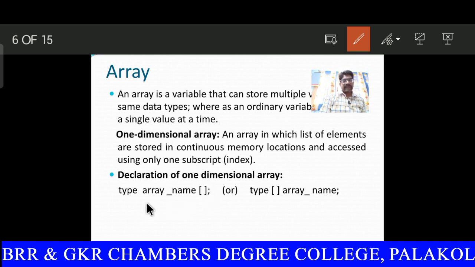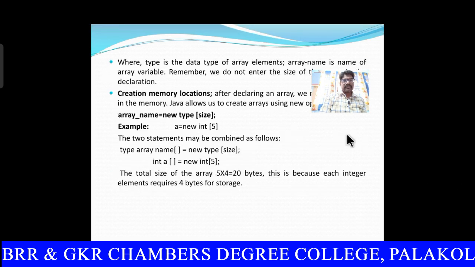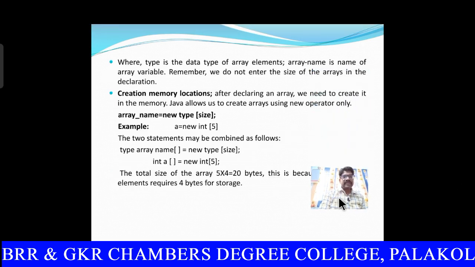How to declare? The syntax is type array name of size, or type of array name, so we can represent both of these prototype declarations. Here type is the data type of the array, and array name is the name of the array.